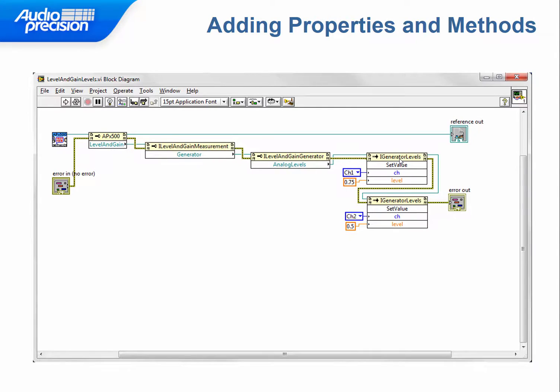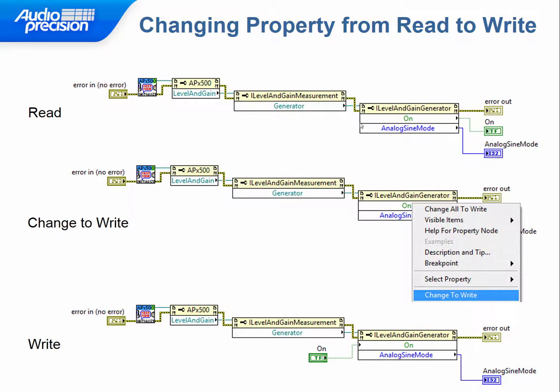We have a method now called setValue, which has inputs channel and level. So we're setting channel 1 to a level of 0.75 and channel 2 to a level of 0.5.